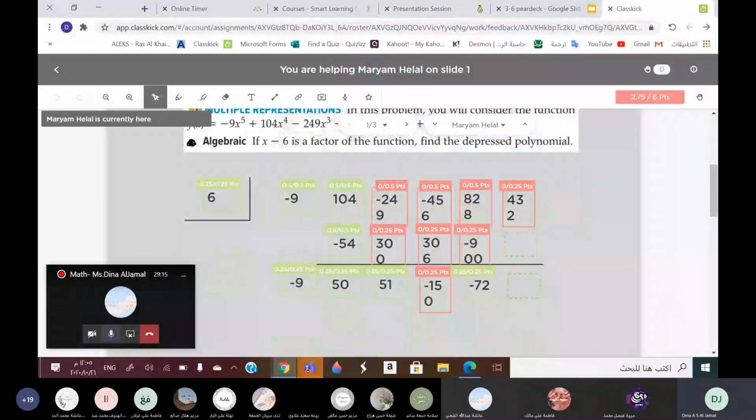Only write the final answer. Okay, dear, don't write the operation. So it is best to solve it on your notebook and then plug only the final answer.